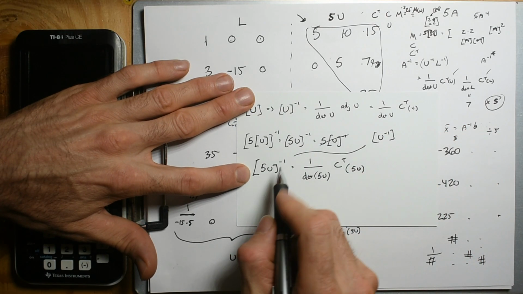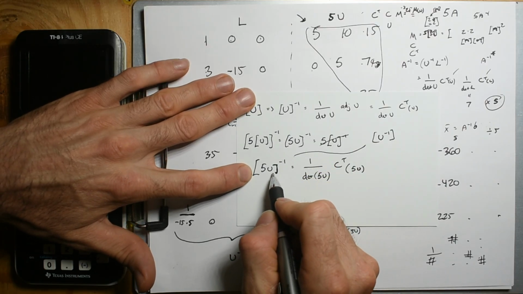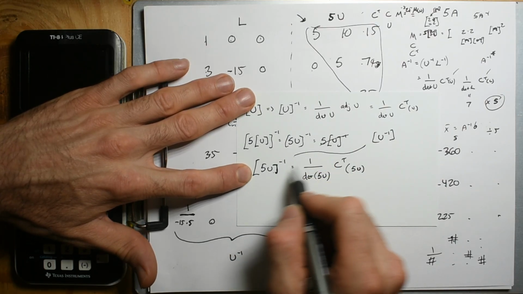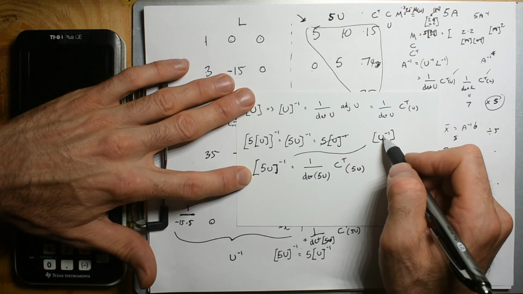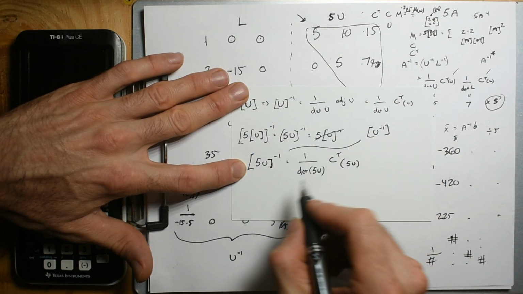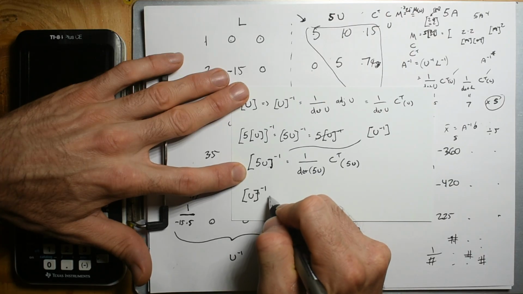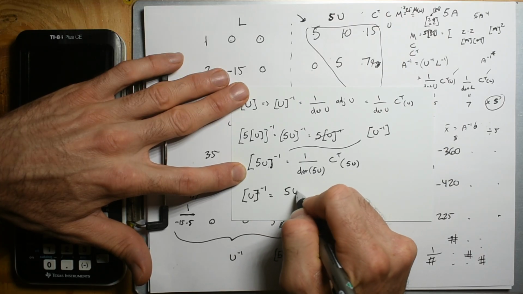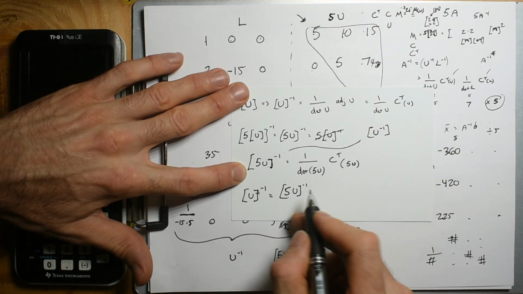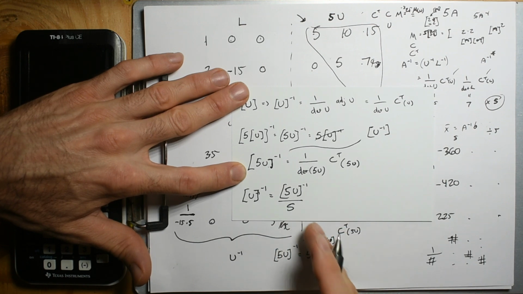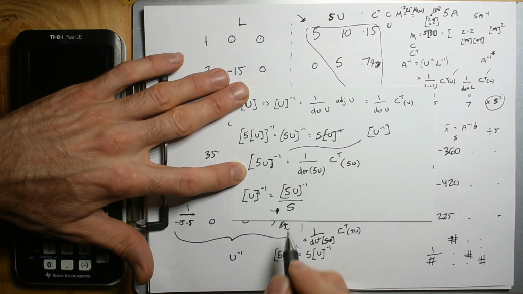Because if I do get this matrix, the inverse of 5U, how is this related to just the inverse of U? Well, I would say the inverse of U is equal to the inverse of 5U divided by 5. So that we have to keep track of that.